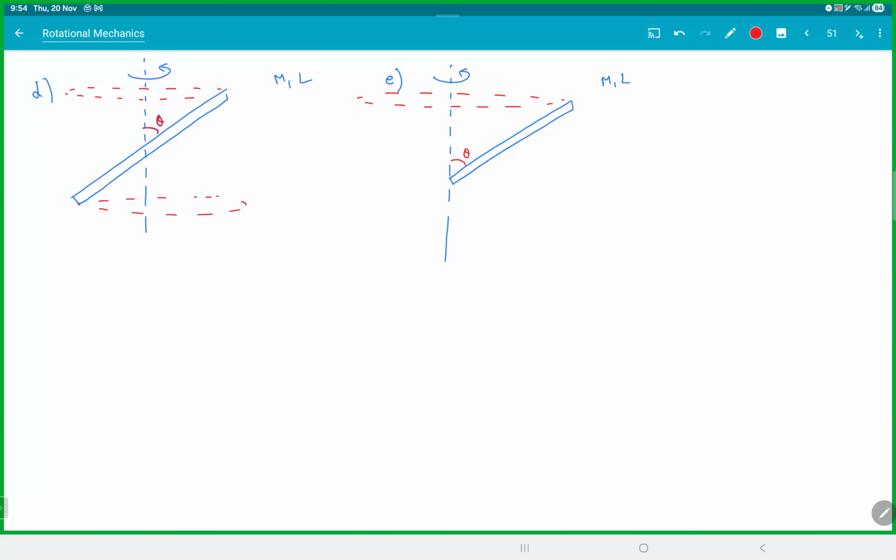The rod is rotating like this. We're just playing with the rod, but you can see how I'm varying the orientations.